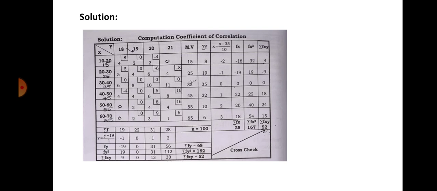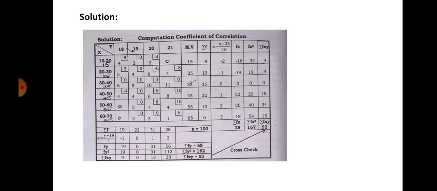Next row is 4 plus 4, 8 plus 6, 14 plus 8, 22. Then 2 plus 4, these are all cell frequencies that I am adding. The fourth row, 1, 2, 3, 4. The fifth row, 2 plus 4, 6 plus 4, 10. Next 0, dash means you take it as 0. 0 plus 2 plus 3 plus 1, the value is 6. Add the row total, which gives 100.